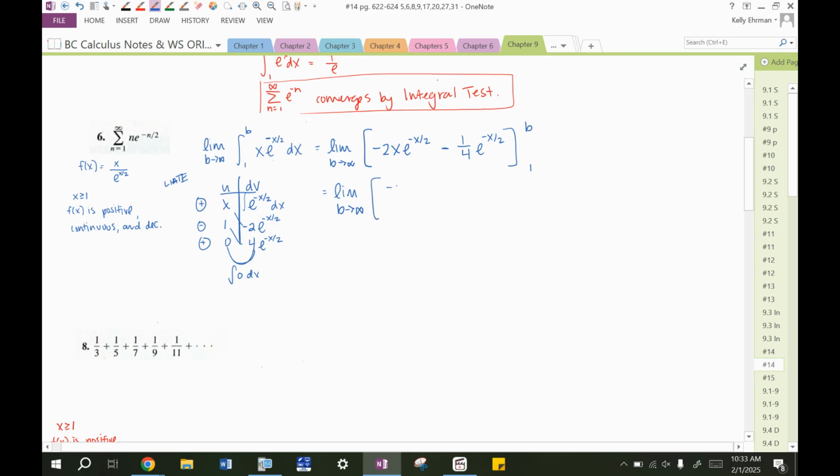So this is negative 2b on top, and then it would be e to the b over 2, minus 1 over 4 e to the b over 2. So that's the first term you get when you plug in b. And then minus, plug in 1, so negative 2 over e to the 1/2, and because I sent this down already, and then minus 1/4 e to the 1/2.